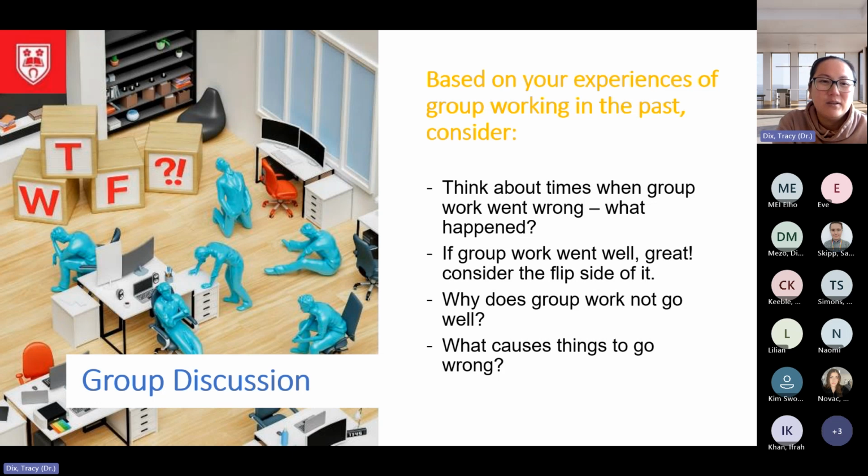Think about what causes group work to not go particularly well. Why do things go wrong? You can think about the work allocations. You can think about the dynamics between individuals, for example. If you have any ideas on that, do stick them in the chat.